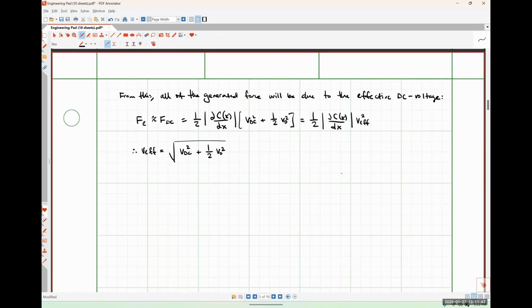So let's say that a particular MEMS capacitive switch has a pull-in voltage of VP is equal to 7.5 volts.